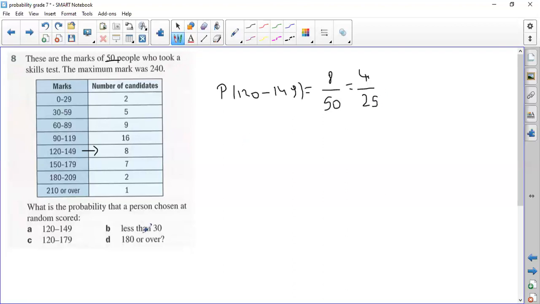B, less than 30. I have to find the number of people who get less than 30. It means the ones who get between 0 and 29.